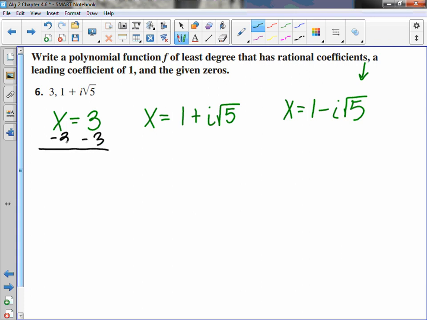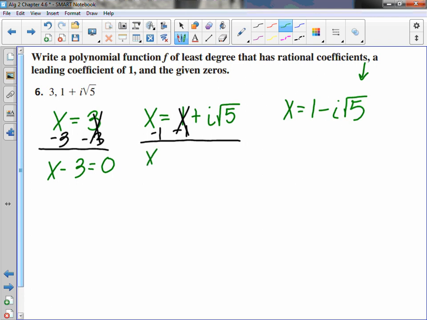So the first thing I'm going to do for this here is I'm going to subtract 3 to get this equal to 0. So we'll have x minus 3 is equal to 0. Now the next one here, we're first going to have to subtract 1 from both sides.